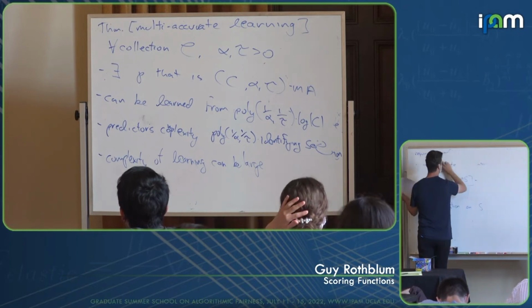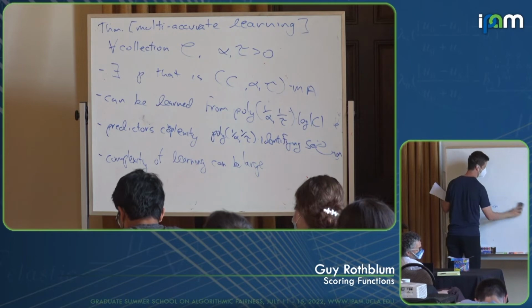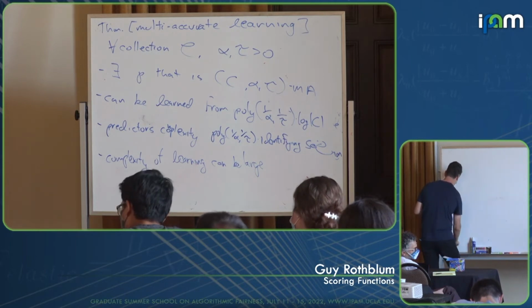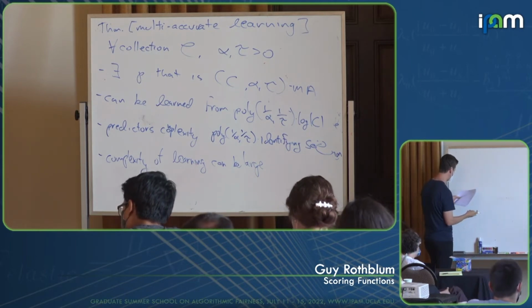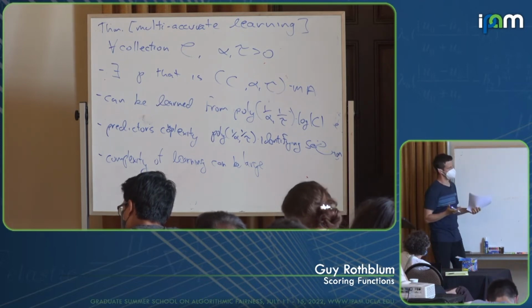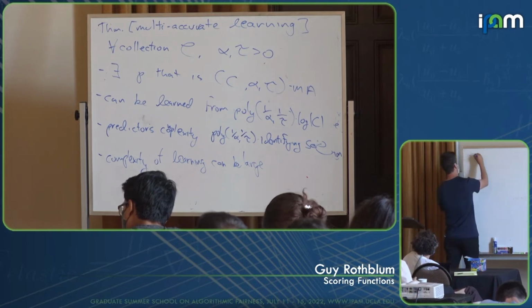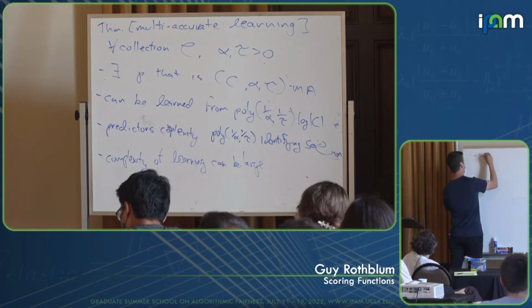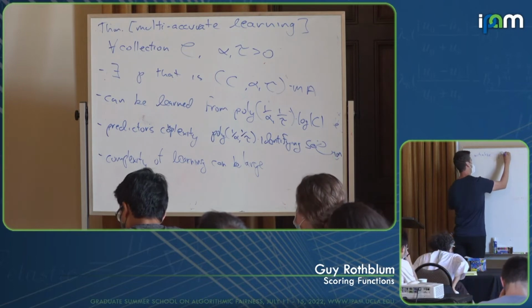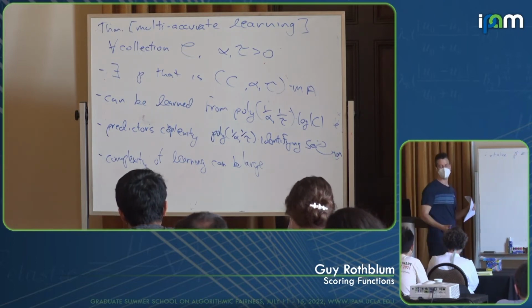Okay, so the learning algorithm is simple. We're trying to learn a predictor, so what we'll do is run iteratively. We'll start with a really dumb predictor that just gives probability 1/2 to everyone. And then we'll start trying to improve it.